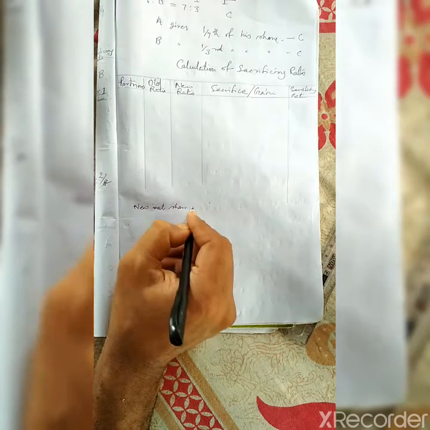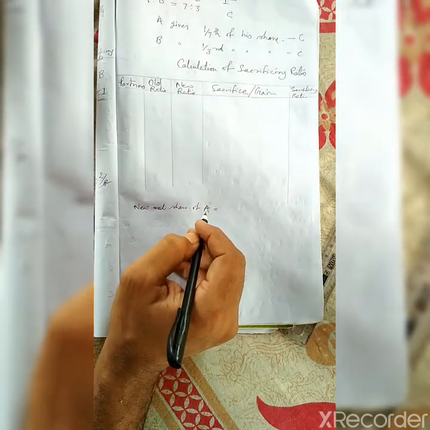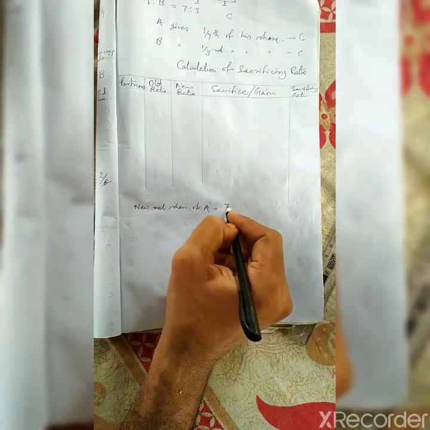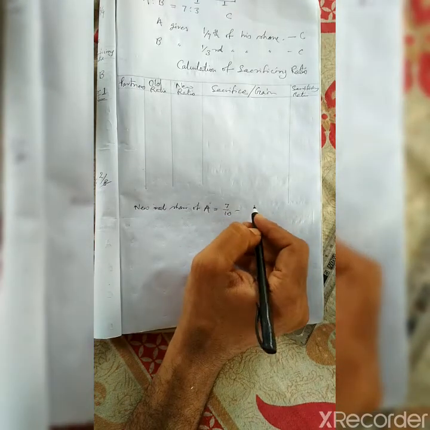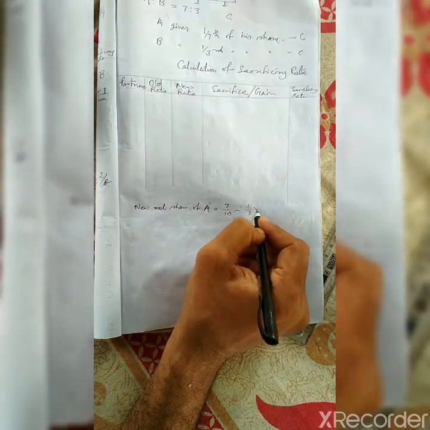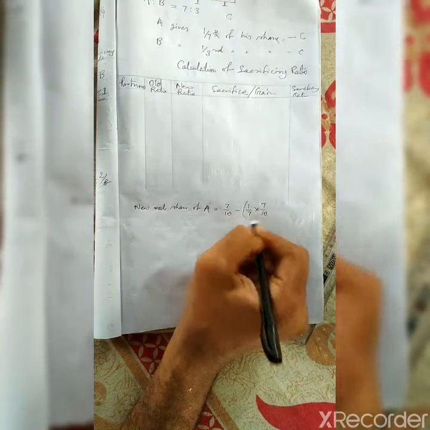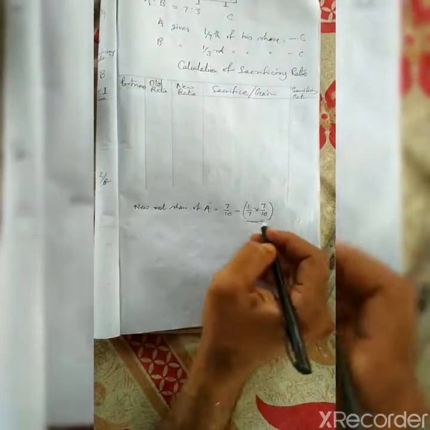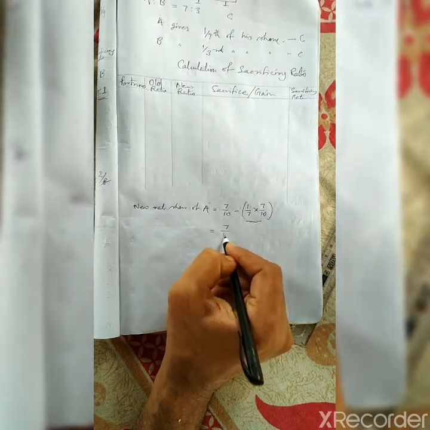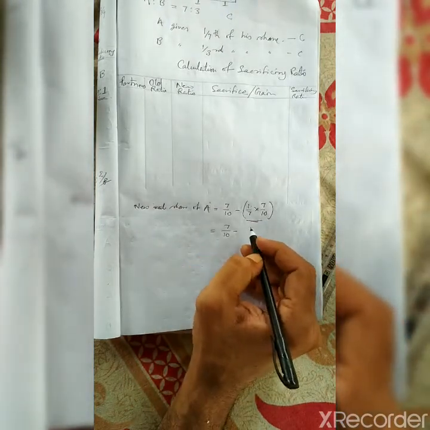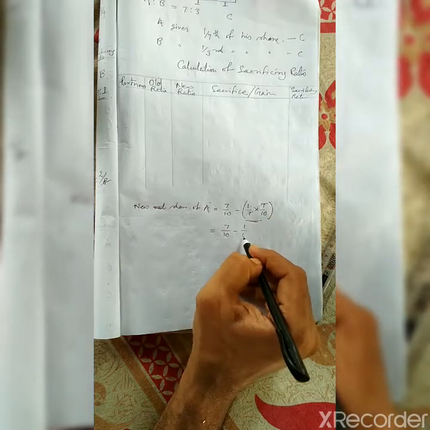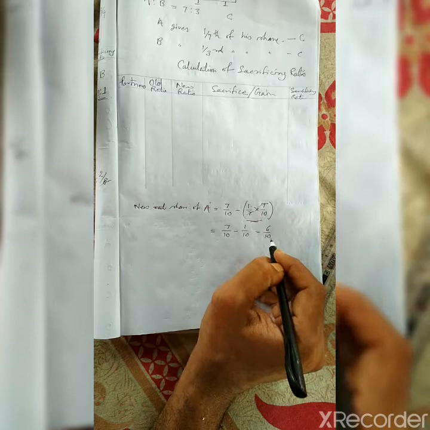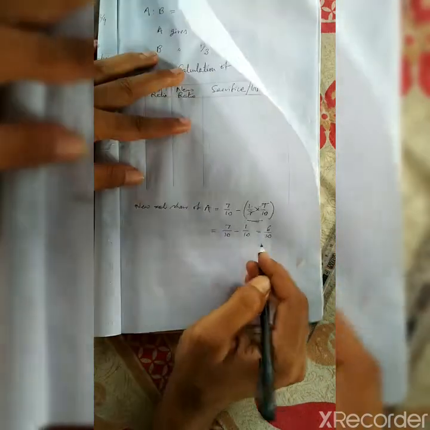New share of A will be 7/10, this was his old share, minus 1/7 of 7/10 that was given to C. So here we will calculate how much share A will have in the new partnership firm. So 1/7 will be cancelled, 1/10. So 6/10 is the new share for A.